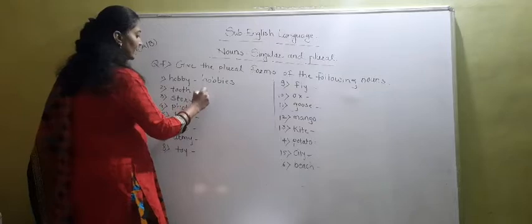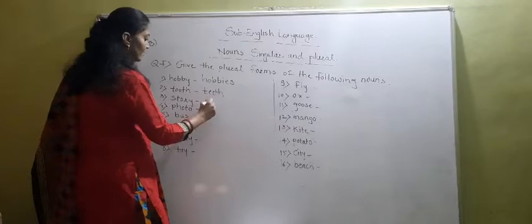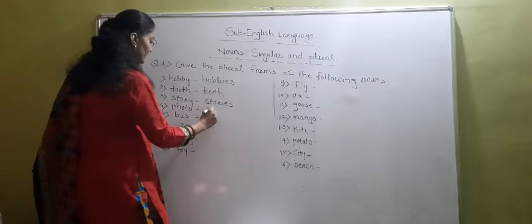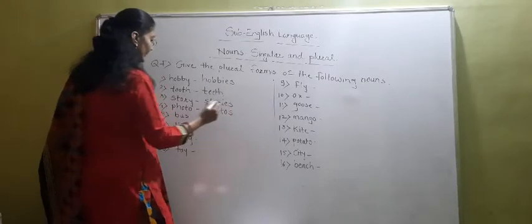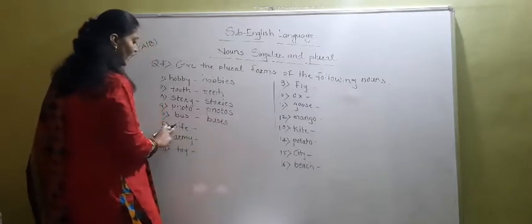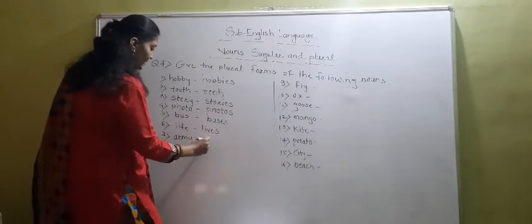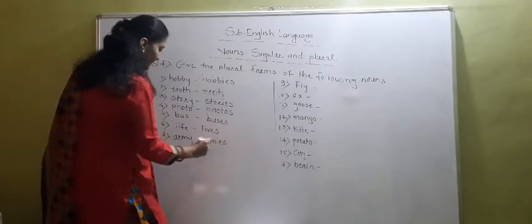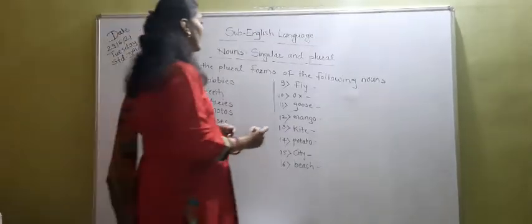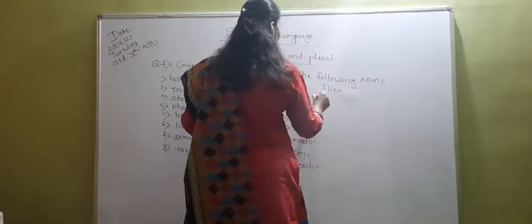Tooth, teeth. Story, stories. Photo, photos. Bus, buses. Life, lives. Army, armies. Toy, toys. Then here fly, flies. Ox, oxen.